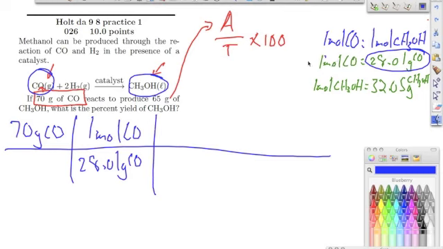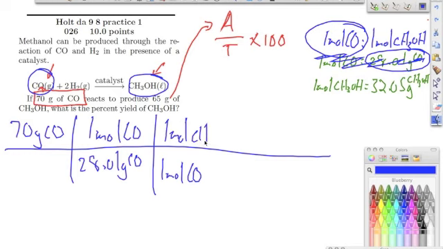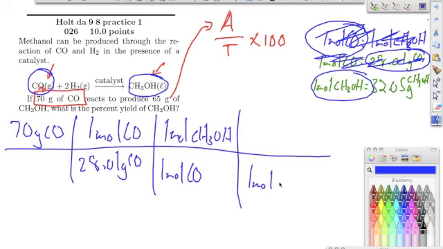Once we use it, we lose it, so we put 1 mole of CO equals 1 mole of CH3OH. Once we use it, it's gone, and the only thing left that matches is 1 mole of CH3OH equals 32.05 grams of CH3OH.